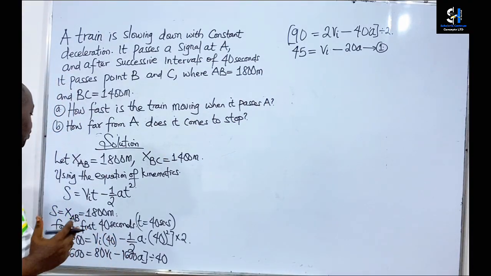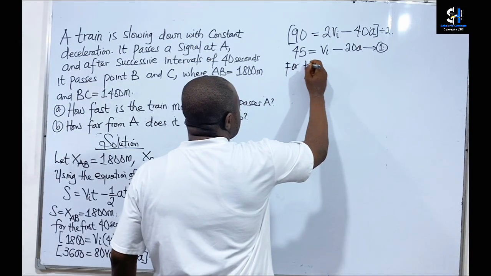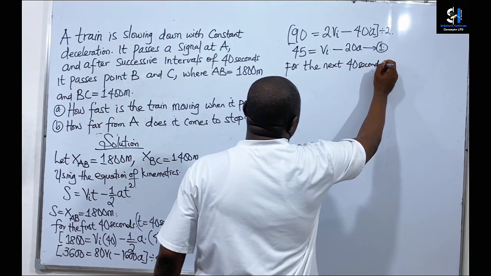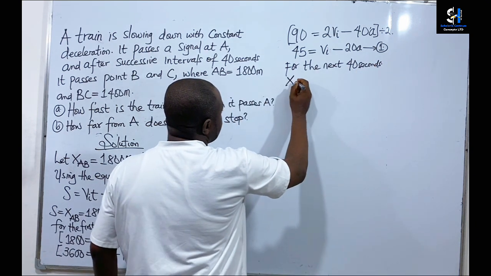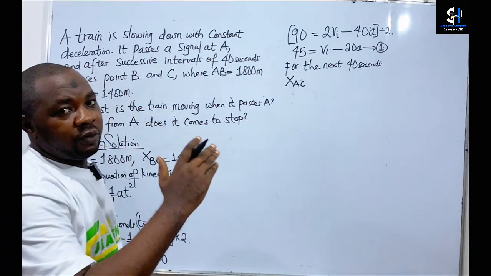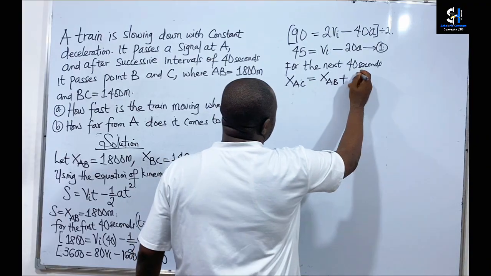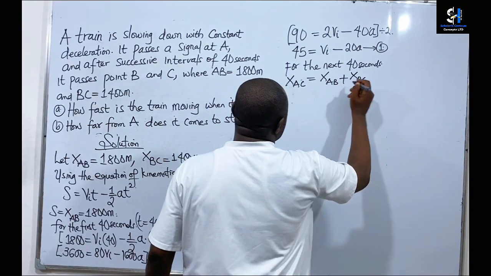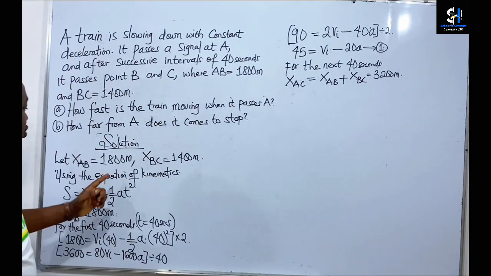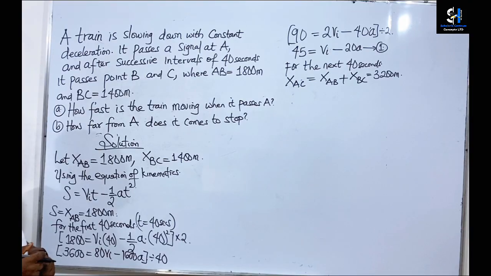Now for the next 40 seconds, the distance will be the distance traveled by the train from A to C, the total distance. That will be XAB plus XBC, which is 3,200 meters, because 1,800 plus 1,400 is 3,200 meters.